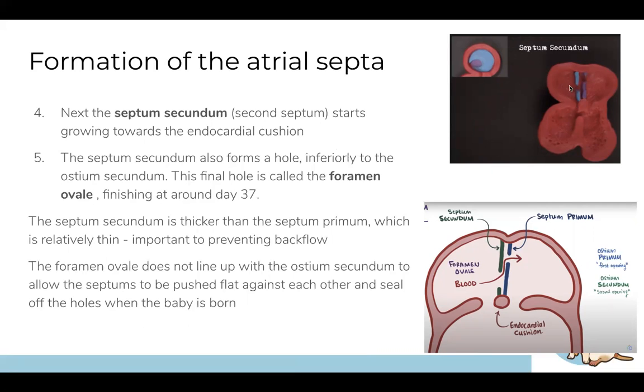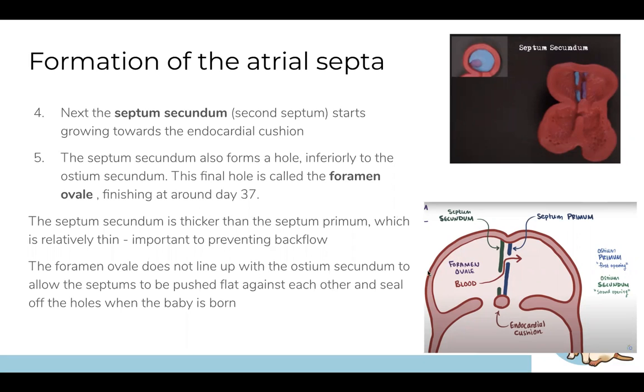So you have this hole here in the septum secundum, and that hole there, which is the ostium primum. Eventually, when everything finishes growing, this oval-shaped hole is called the foramen ovale.